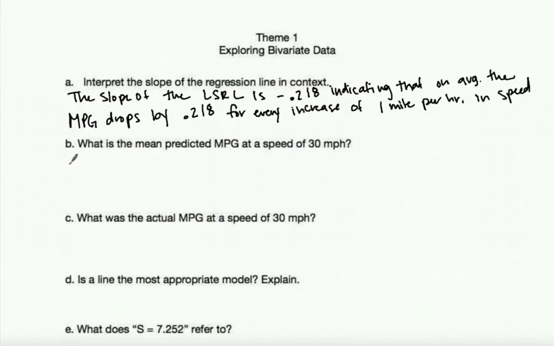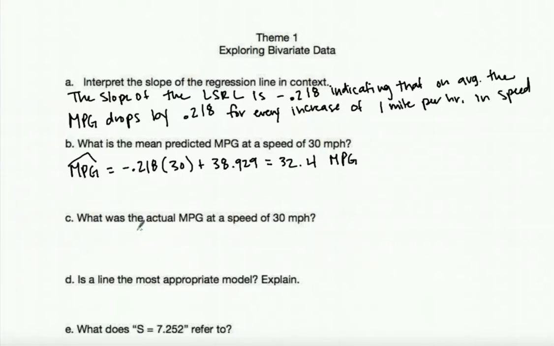So miles per gallon hat equals negative 0.218 times 30 plus 38.929. Whenever you do that, you get 32.4. And so that would be 32.4 miles per gallon.